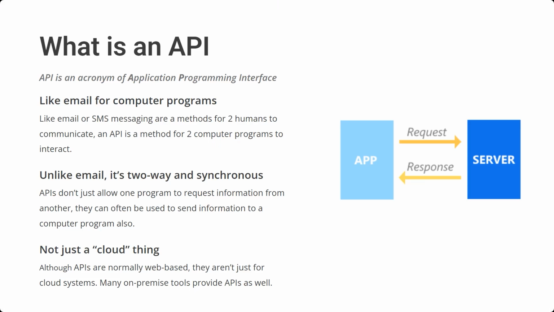Most requests are responded to in sub-second time. So it's not like you send something and then 1 week later you expect a response. So an API is usually fast, synchronous, and two-way.